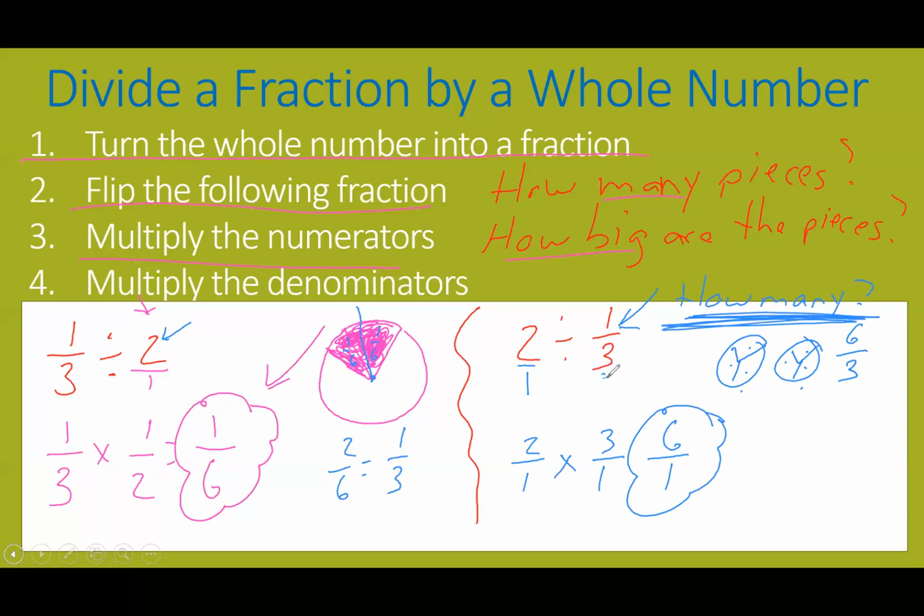How many 1/3 size pieces? The answer is 6 pieces, because look, I've got 1/3, 2/3, 3/3, 4/3, 5/3, 6/3. I have 6 1/3 size pieces. My answer is 6 pieces.